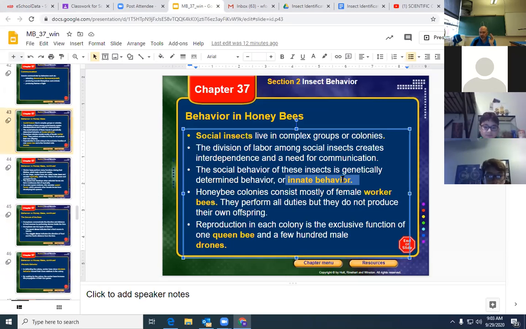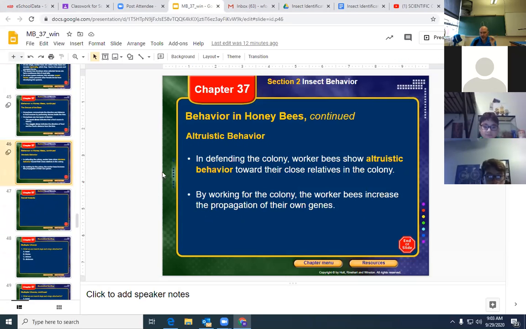Innate behavior means it's genetic, and altruistic means this is an innate altruistic behavior. So they're trying to show that insects have this genetic innate behavior to protect the entire hive.